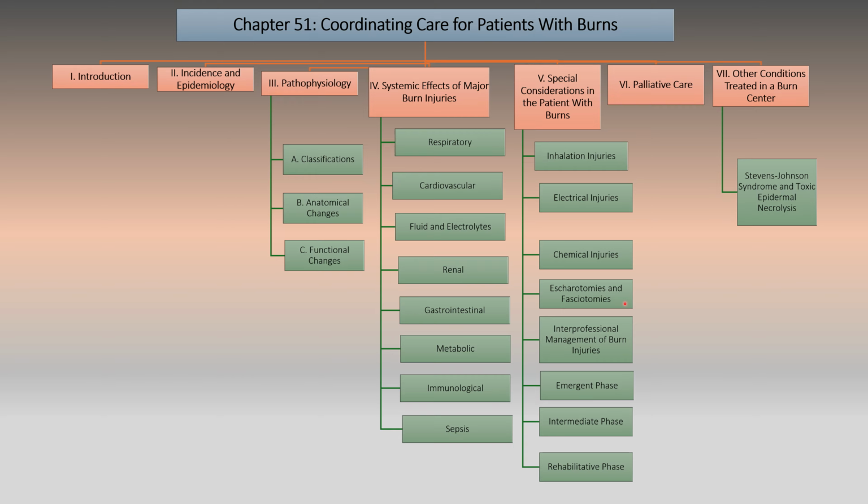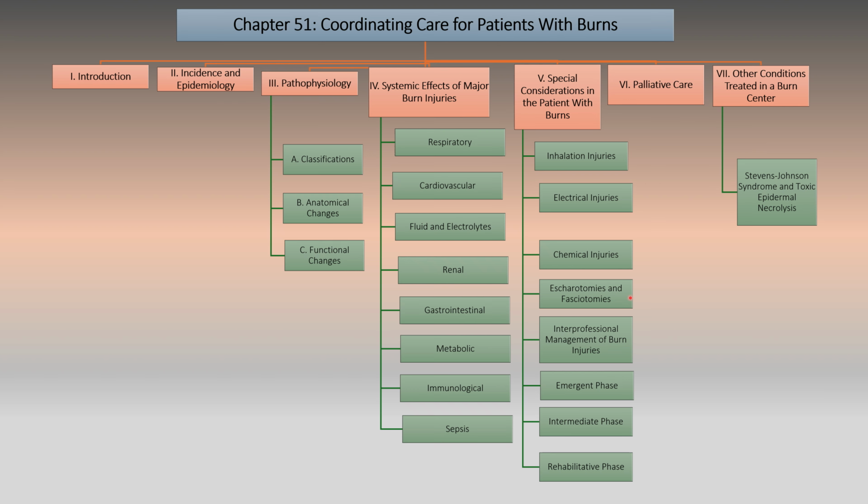We have here escharotomies and fasciotomies, very hard for me to pronounce. Here we have compartment syndrome. Any circumferential burn is at high risk for developing compartment syndrome as swelling is confined by inelastic tissue.